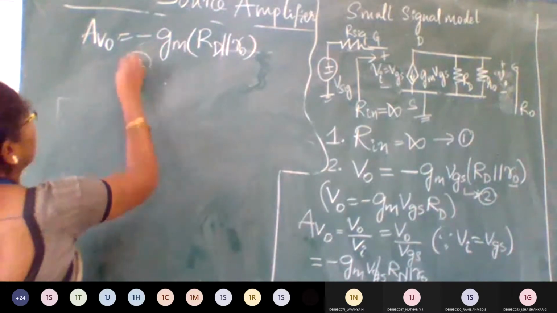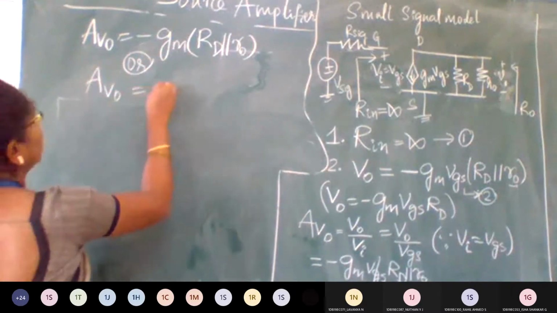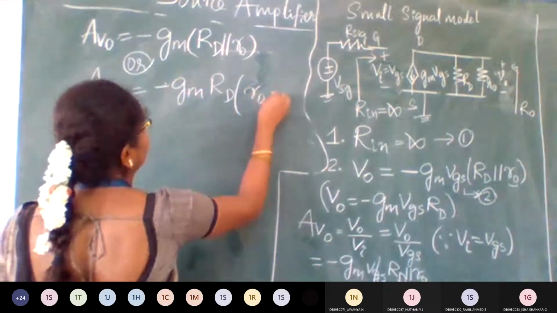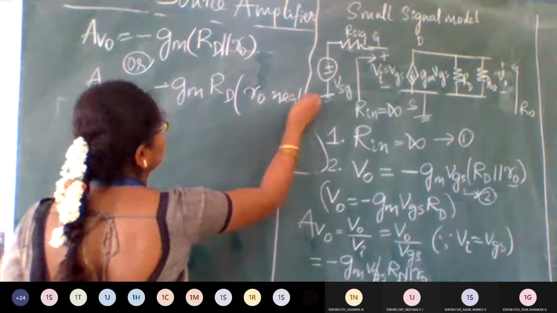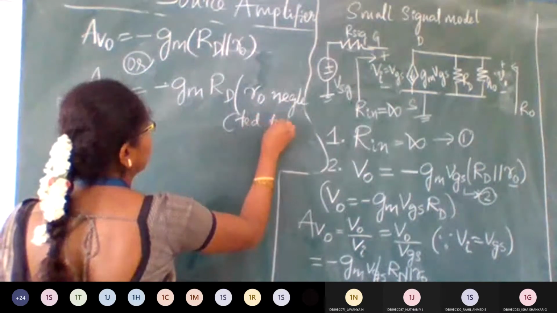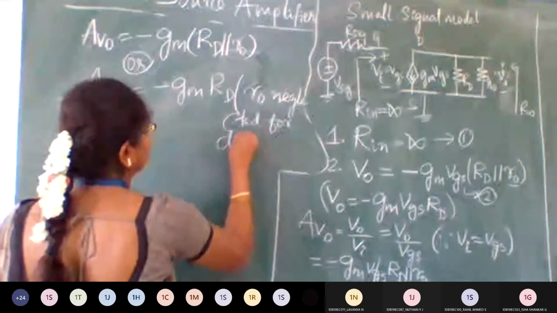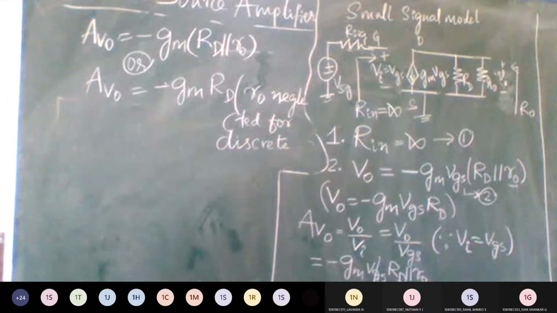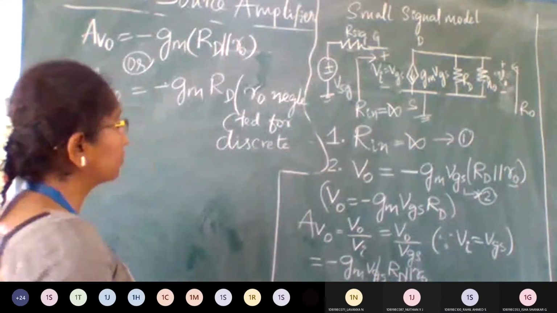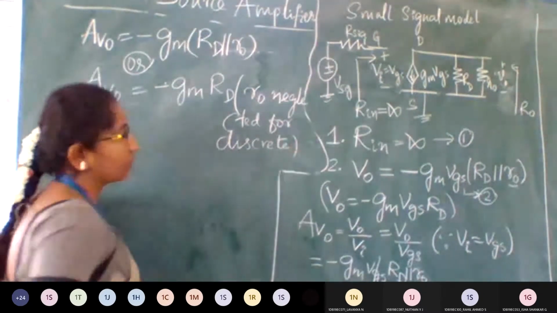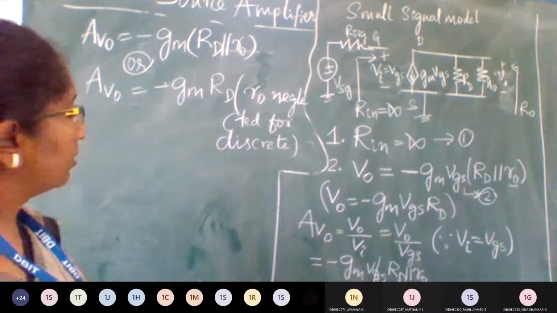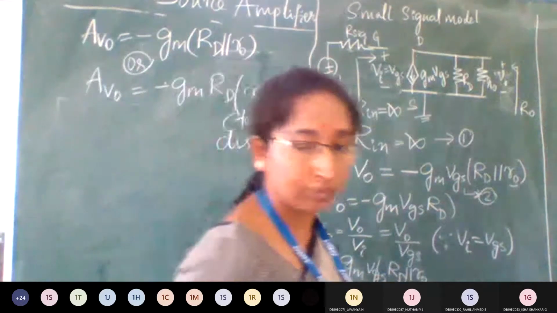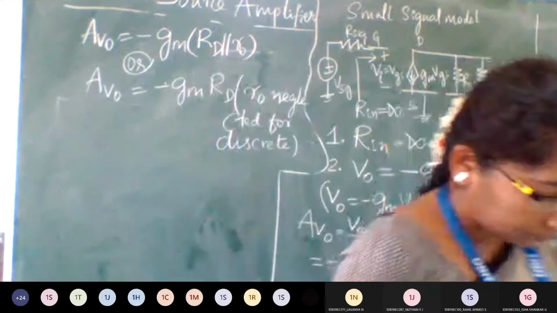Or, according to Newton, Av0 is equal to minus gm into RD, r0 is neglected for discrete. Okay. So what is to be found out now? So are you noting it?